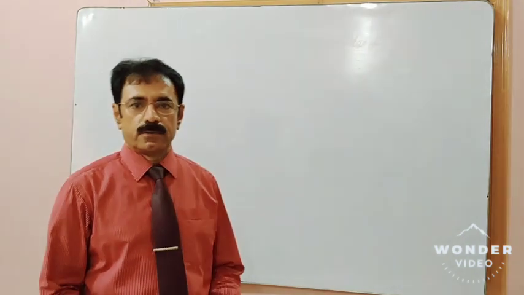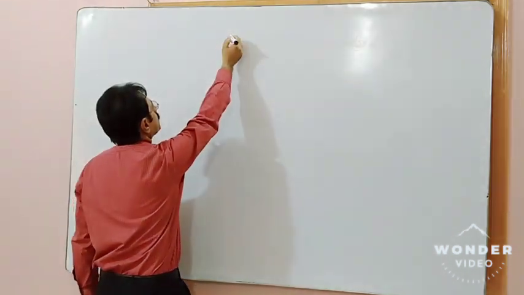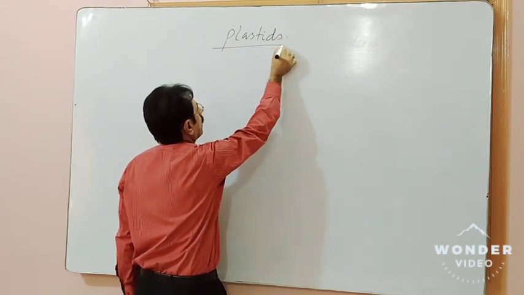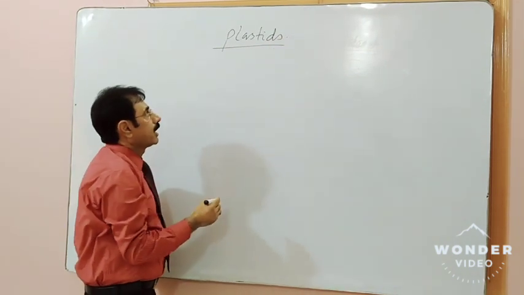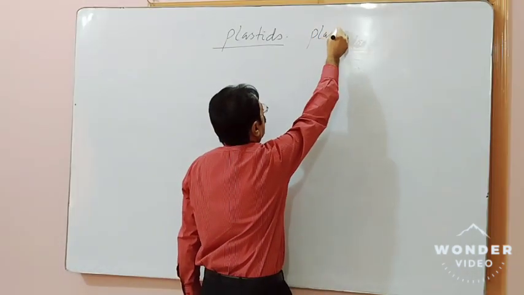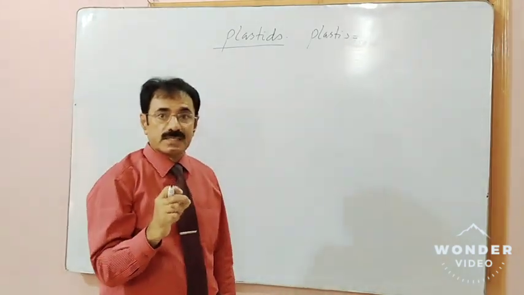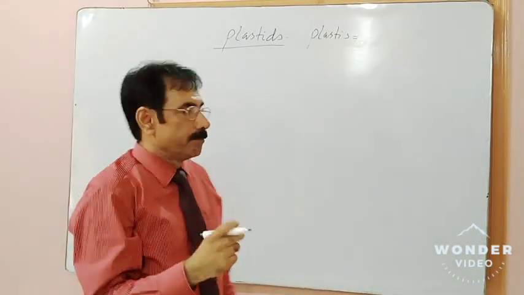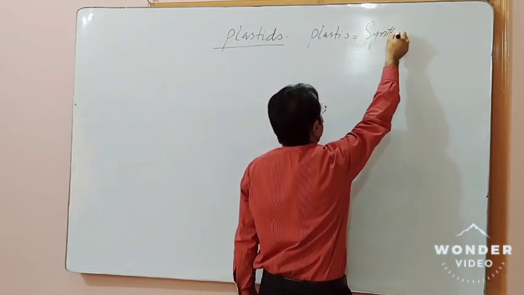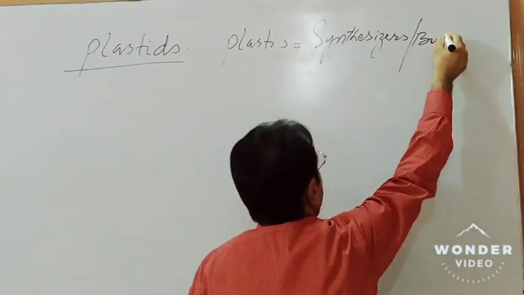The topic for today's discussion is plastids. The word plastid is taken from a Greek word plastis, meaning synthesizers or builders.